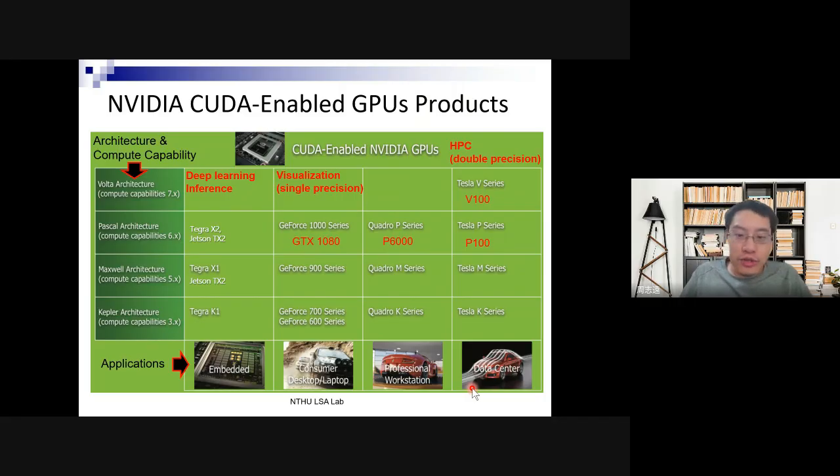So as you can see over here, mostly the GPUs from NVIDIA can be categorized into four categories. Okay, the GPU that's for traditional visualization or image rendering, especially on personal computers.